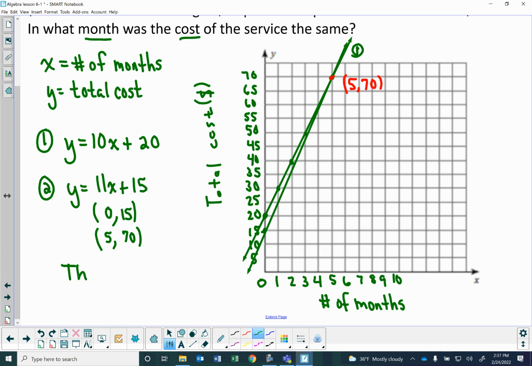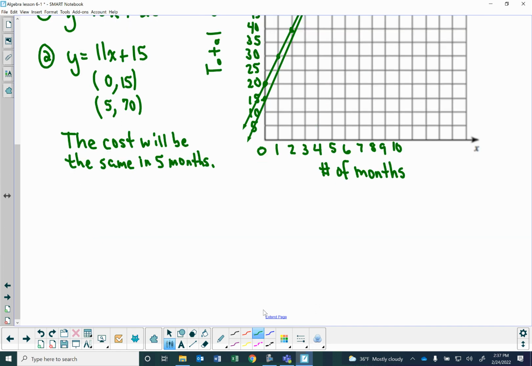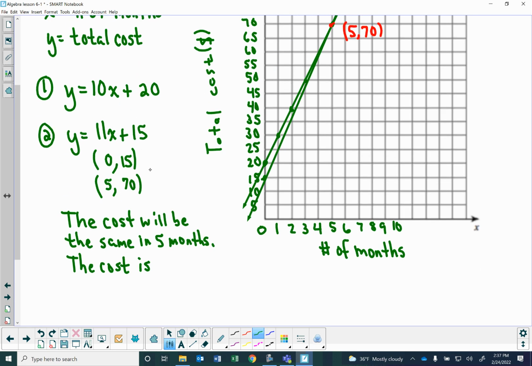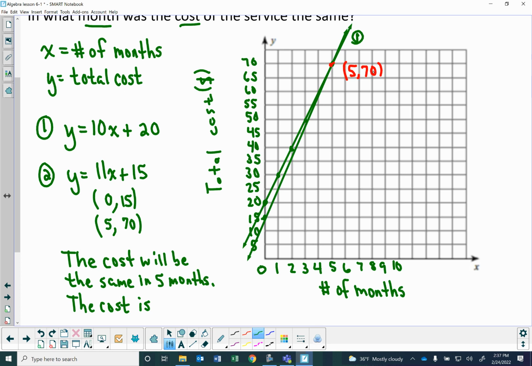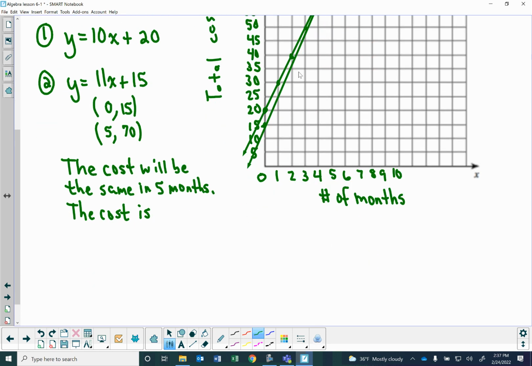So the cost will be the same in 5 months. And sometimes it's nice to put down what the cost is going to be. So we can also write down that the cost will be, if you read it off the graph, (5, 70). 5 is the number of months, 70 is the amount of money. So we know the cost is going to be $70.